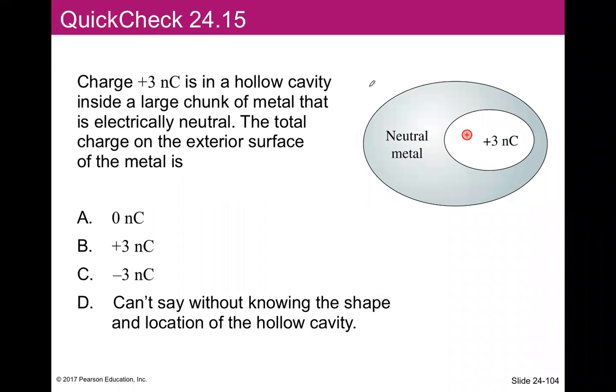Let's take a quick look at this checking question. So which option do you think is right?